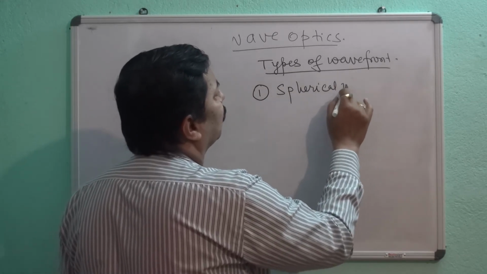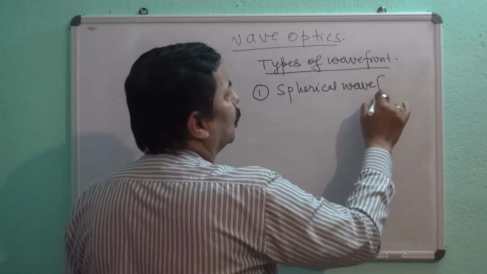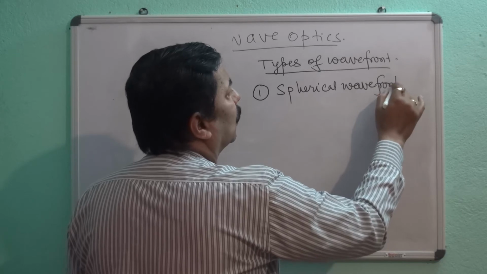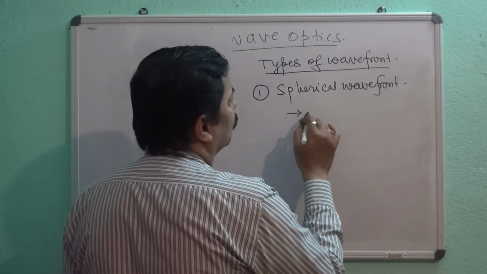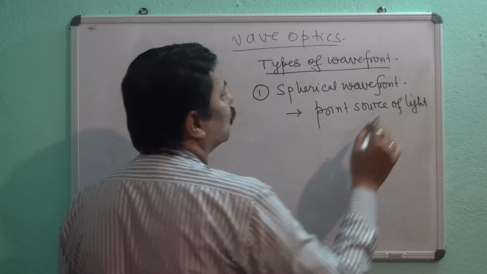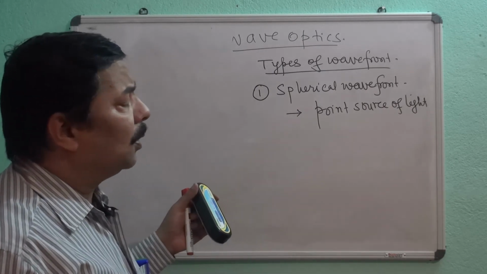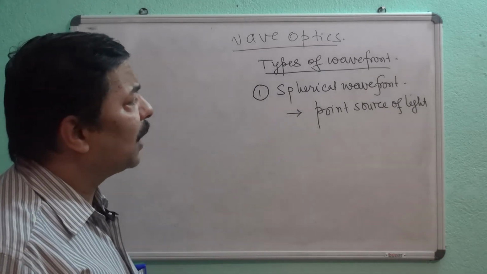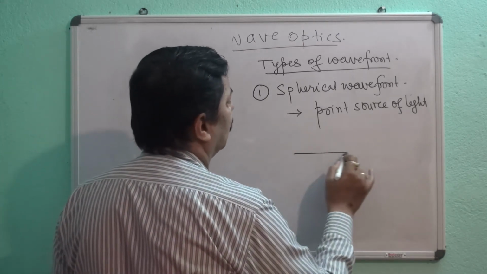In a spherical wavefront, the source of light should be a point source of light. Generally, a wave is represented this way.